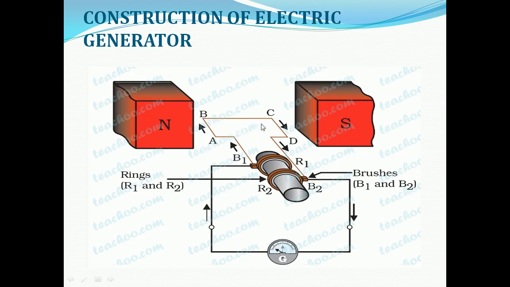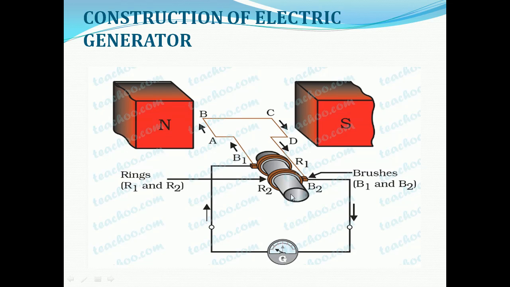The ends of the coil are connected to the two rings R1 and R2, which are connected to the stationary brushes B1 and B2.